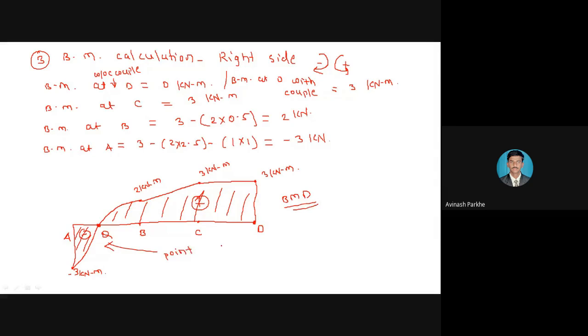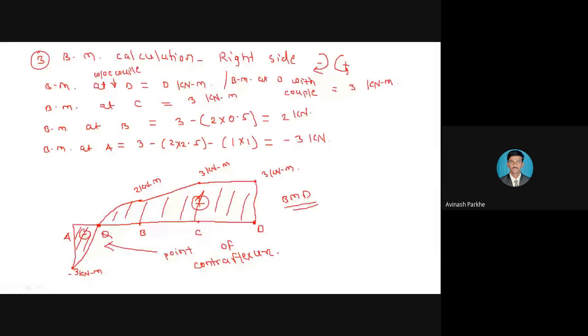Point of contraflexure. What is the definition of point of contraflexure? It is the point at which the bending moment diagram changes its sign from positive to negative or from negative to positive. Here in this particular diagram, the sign changes from positive to negative.